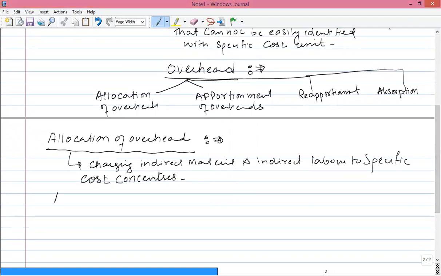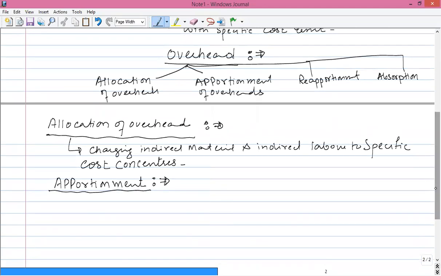In the next step, after allocating the indirect material and indirect labor, the last part of overhead is indirect expense. And it comprises the rent of the building, the supervisor's salary, etc. These are common costs, so they cannot be directly charged to a specific cost center.